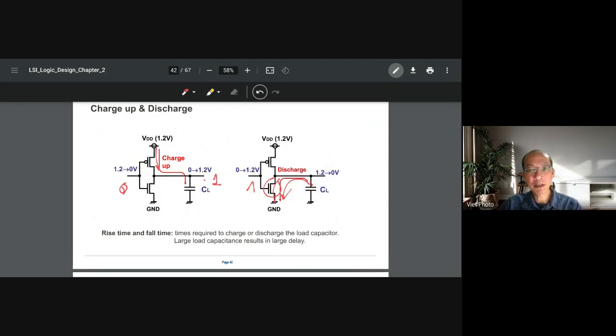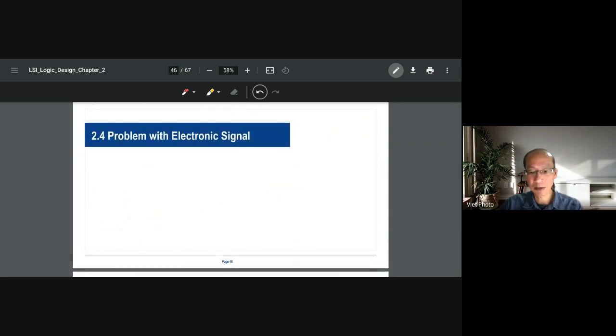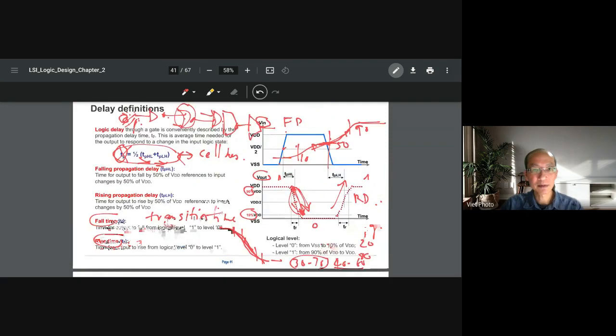Delay definition. The concept is simple. It is the time interval between the input signal and the output signal, measured where the voltage of the signal equals VDD over 2.